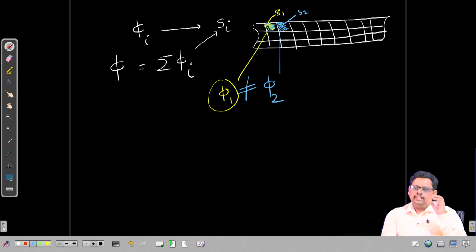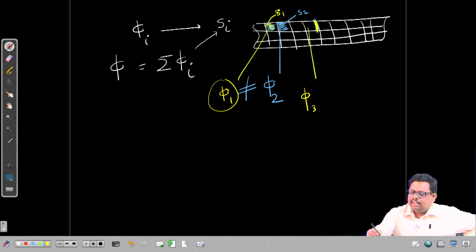That means, throughout one panel the phi is the same, for a different panel phi is different. Then one can ask, normally people ask at this particular point, what happens at the boundary? Which is a very valid question. Because at this boundary, let us say this side I have phi 3 and this side I have phi 4, then what happens to the boundary?